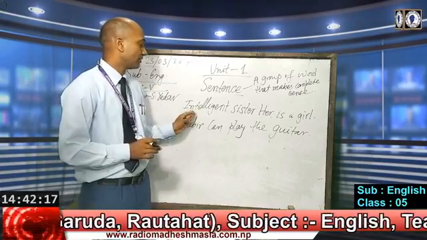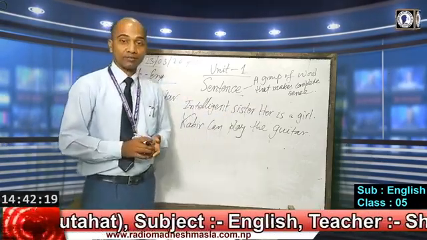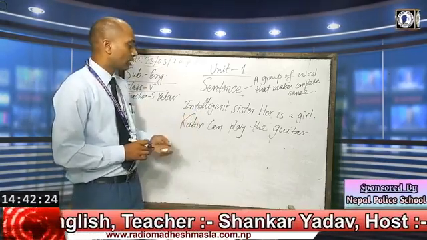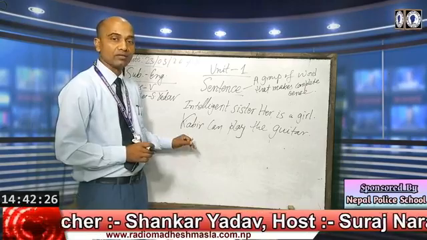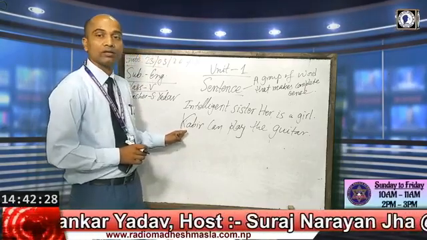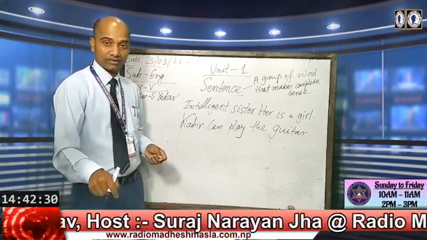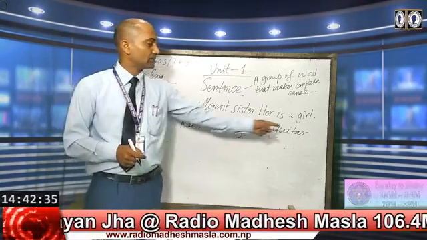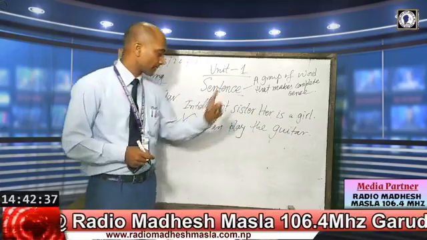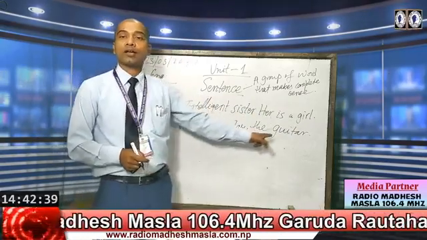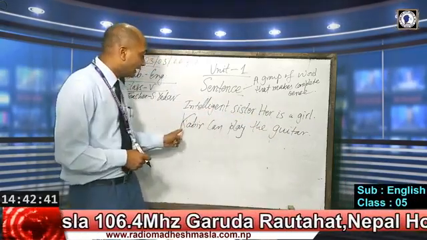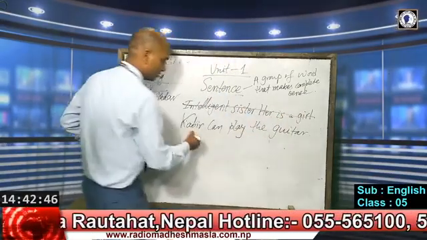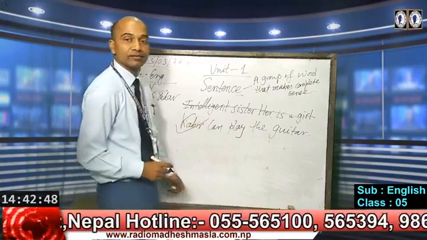It is not in order grammatically. But the below one, Kavi can play the guitar, is a sentence because it has the qualities that a sentence requires. It starts with a capital letter, ends with a punctuation mark. The words are in order grammatically and it makes complete sense. So the above one is not a sentence, the below one is a sentence.